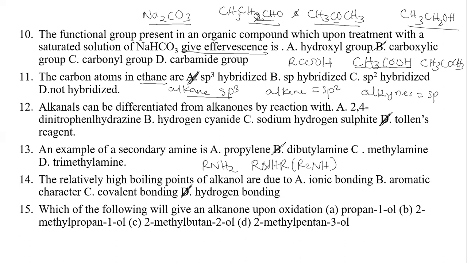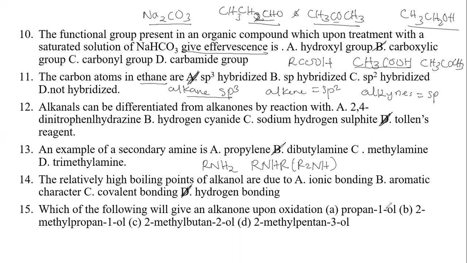Primary alkanol will react with a strong oxidizing agent to give alkanoic acid, but it will react with a mild oxidizing agent to give alkanal. But secondary alkanol will give an alkanone.